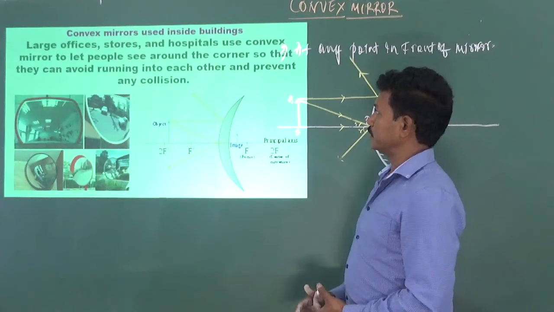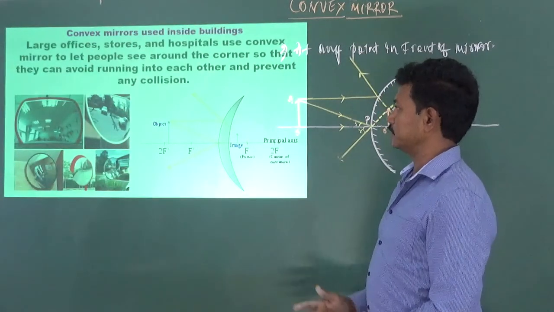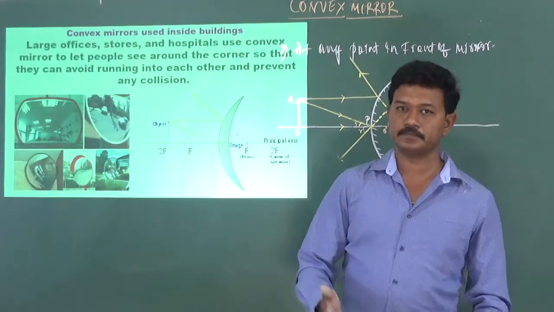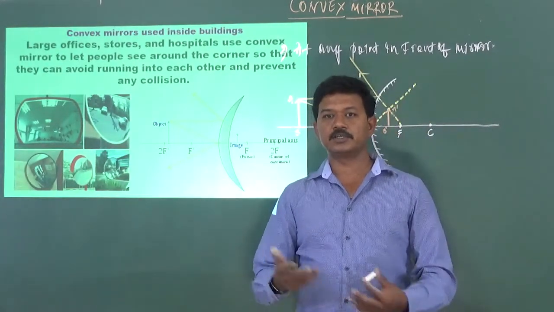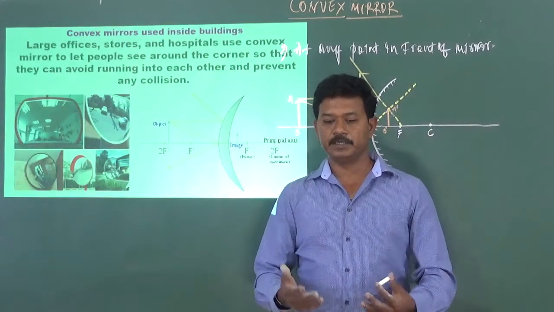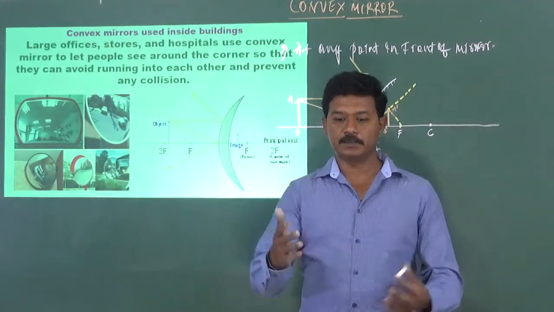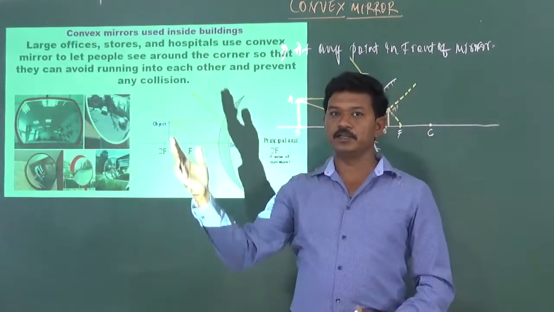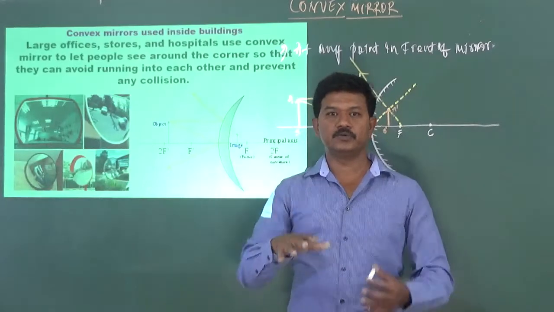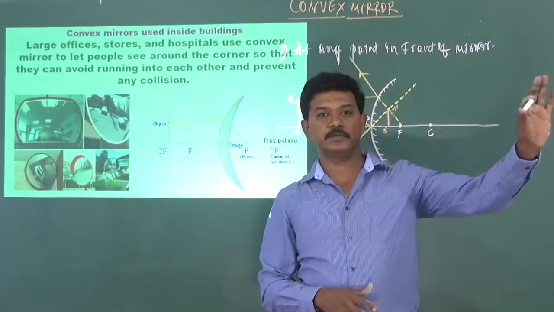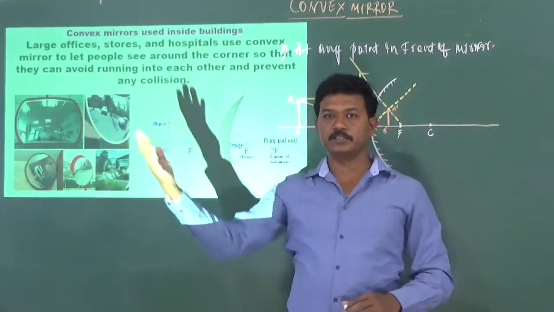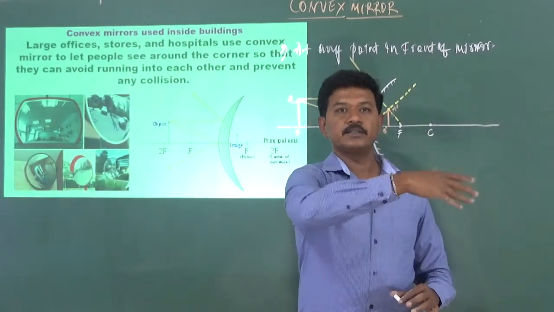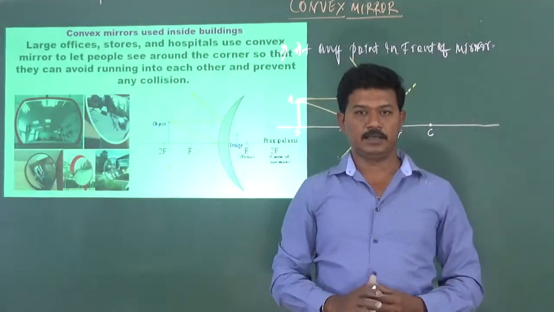Okay, another use is a convex mirror used inside buildings. For example, it's a very big building, maybe a mall or some concert hall or whatever it is. If the owner is sitting at a particular point and wants to see the entire hall in a single view, then for his convenience he can fix a convex mirror so that the entire image of the hall will be inside the small mirror, where he can get a wide view of the entire hall.